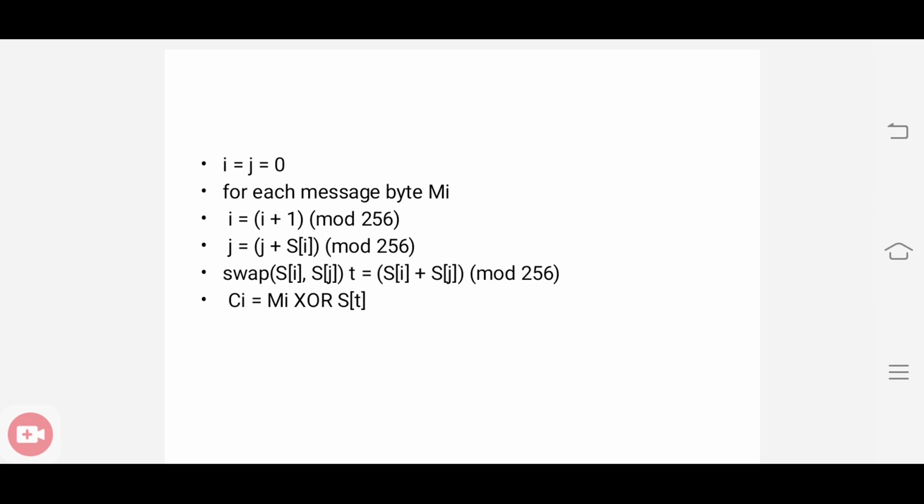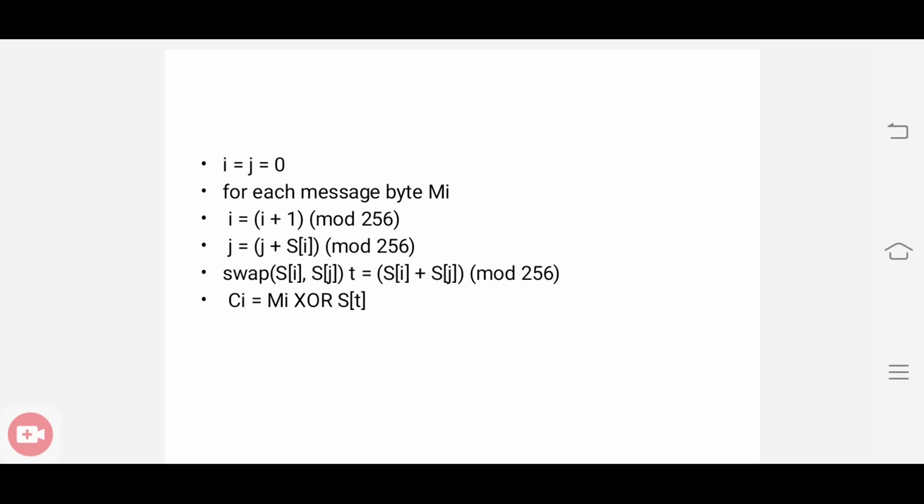Taking each byte of the message, using the two equations we get the i and j values. Then we swap S[i] and S[j]. After that we get the key stream index t as (S[i] + S[j]) mod 256. That is the index value of the key stream. Then find S[t]; S[t] is the key stream.